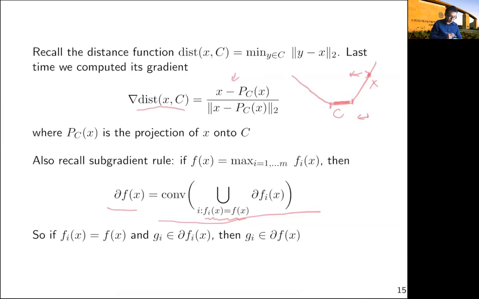It suffices that we find one particular active function by evaluating the argmax of f_j(x), and you take the gradient of that. That would give us one particular subgradient in the subdifferential.